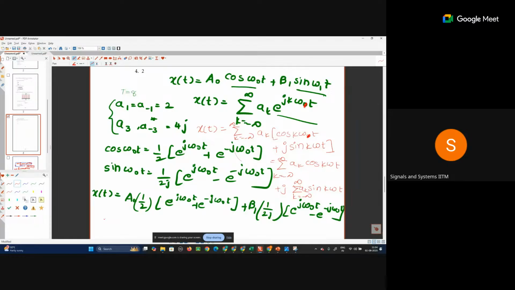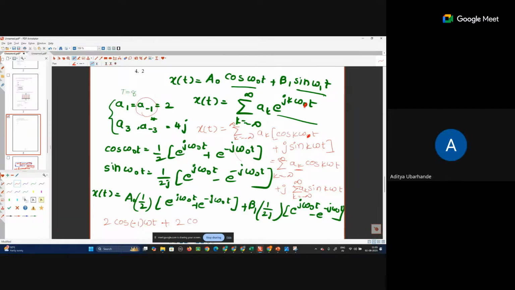So we'll be coming from here: 2 times cos of, I mean, k is -1, so -1 omega t, plus 2 times, like here I am considering k is equal to 1 now.